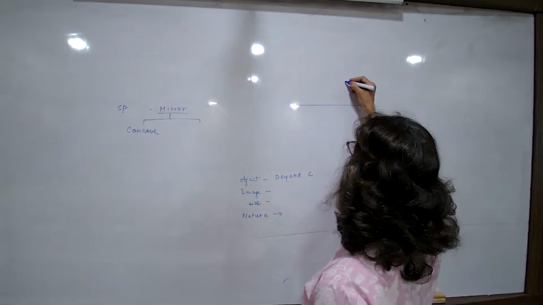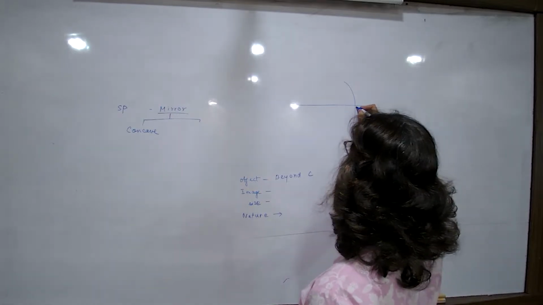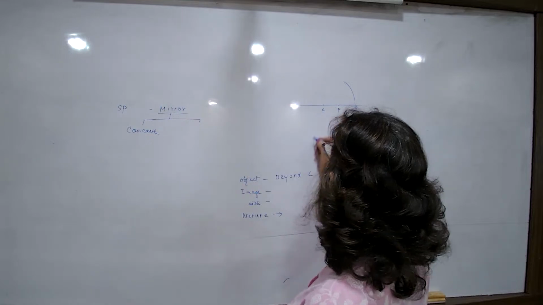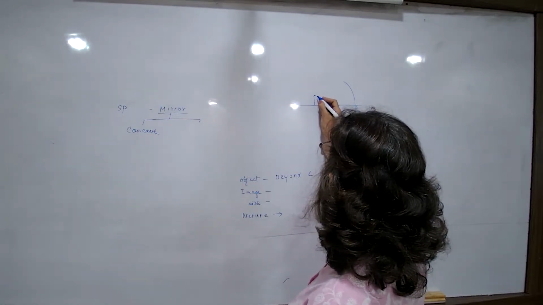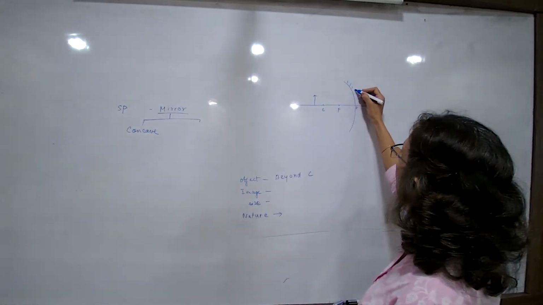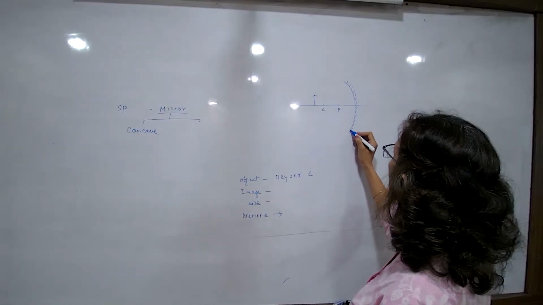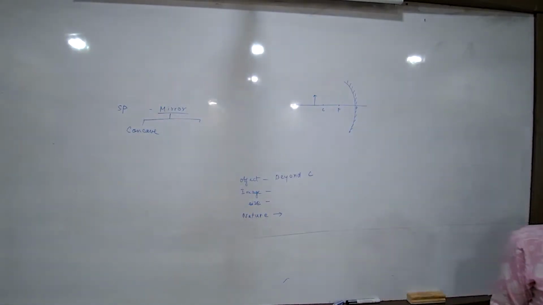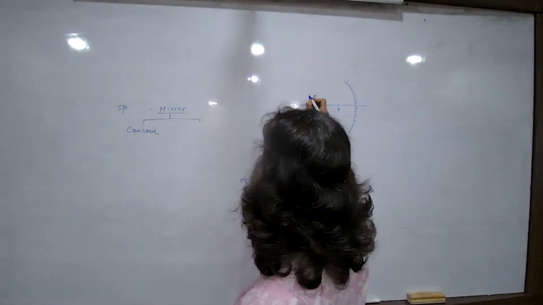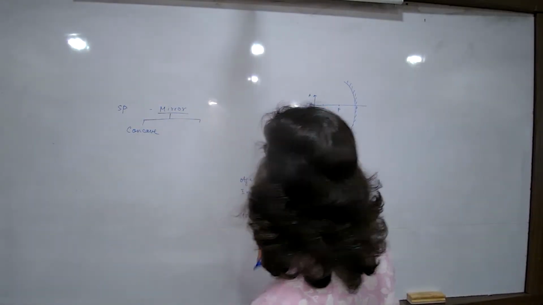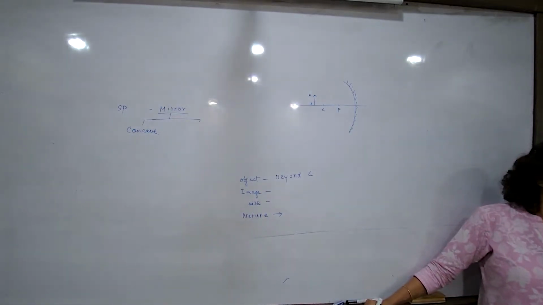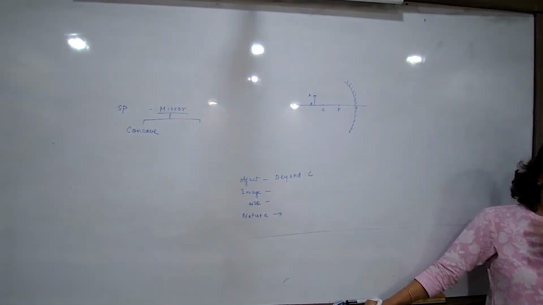So this is the principal axis, and for the object we put an arrowhead and label it as AB. All of you draw exactly like what I'm saying. Those are the steps.